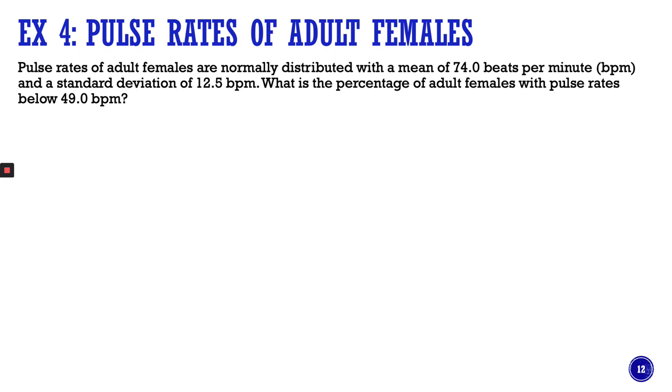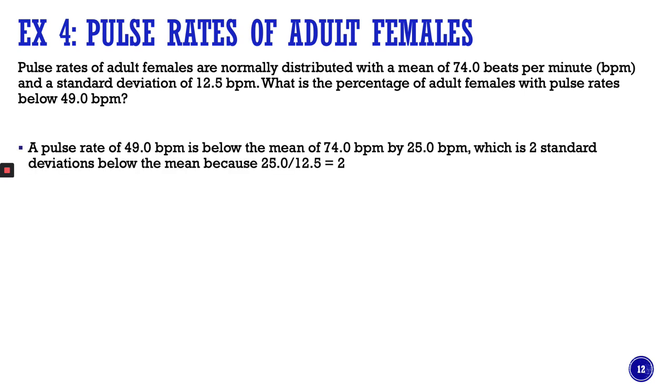All right, so example 4 is pulse rates of adult females. Pulse rates of adult females are normally distributed with a mean of 74.0 beats per minute and a standard deviation of 12.5 beats per minute. What is the percentage of adult females with pulse rates below 49.0 beats per minute?